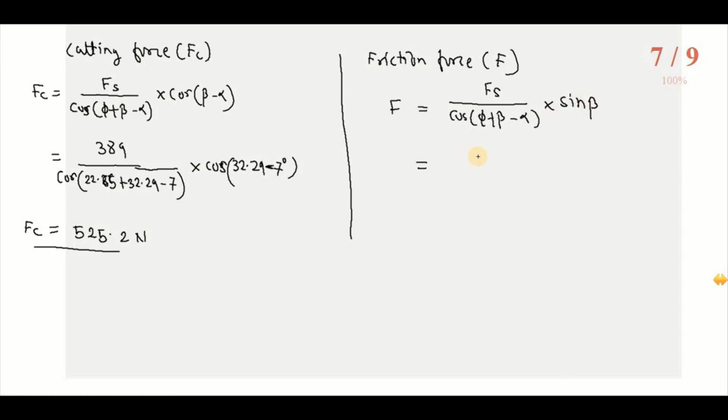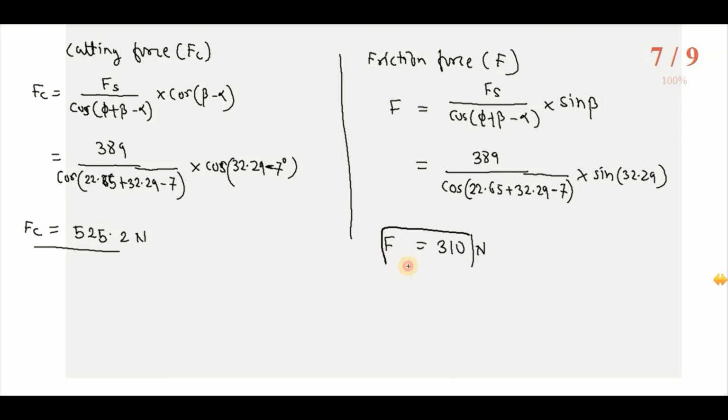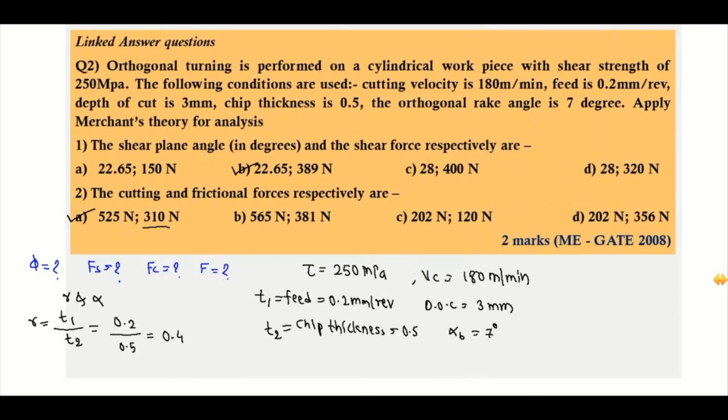Putting Fs as 389 upon cos of (22.65 plus 32.29 minus 7) into sine of 32.29, if you solve this we are getting 310 Newton. So the cutting force is 525.2 Newton and the friction force is 310 Newton. So option 1 is correct.